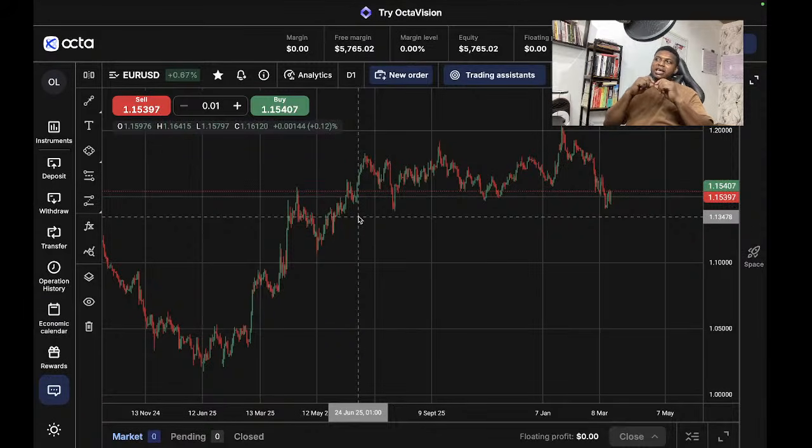This has been a very, very helpful strategy, where we get a direction of the market from the higher time frame, then do a cross comparison with lower time frames and execute the trade on a 1 hour time frame or a 4 hours time frame.